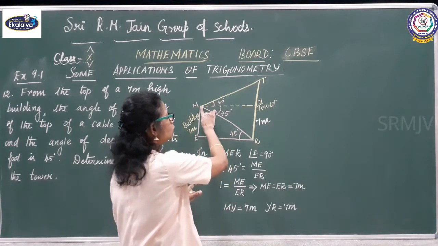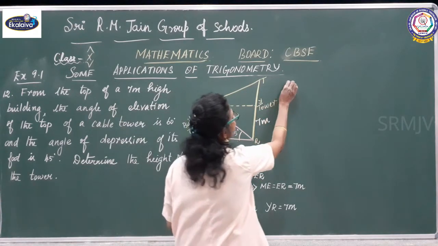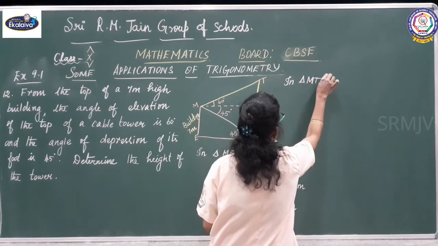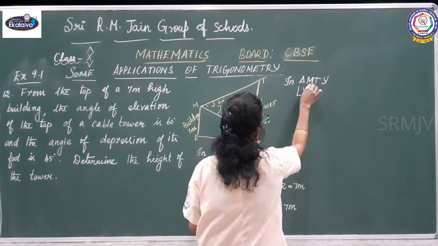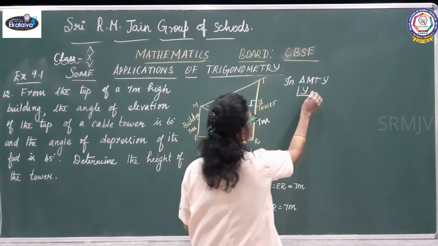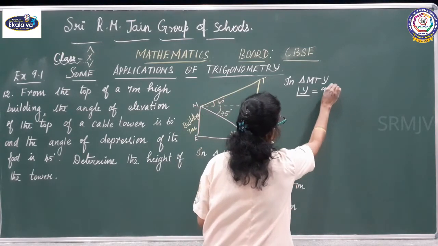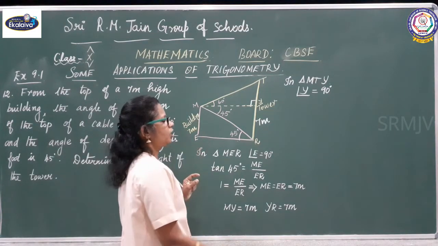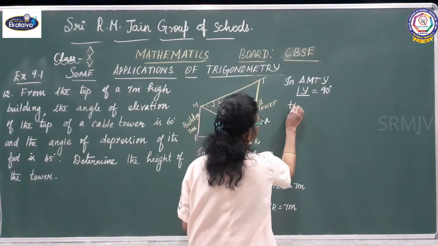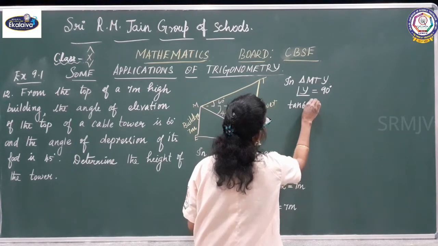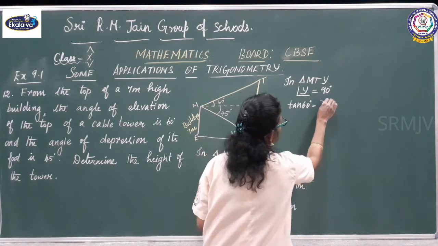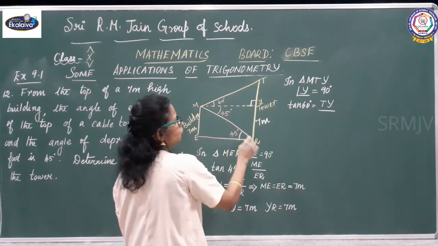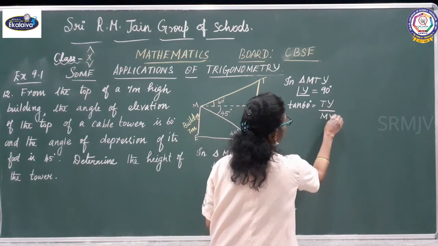Now we'll pass on to the next triangle. In triangle MTY, angle Y equal to 90 degree. Then tan 60 equal to TY, that is opposite, divided by adjacent MY.